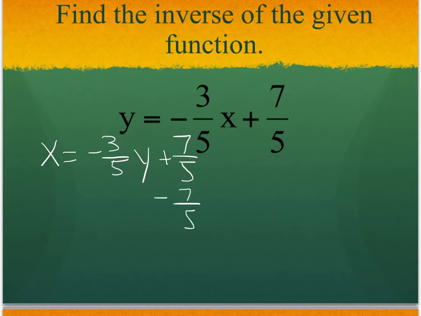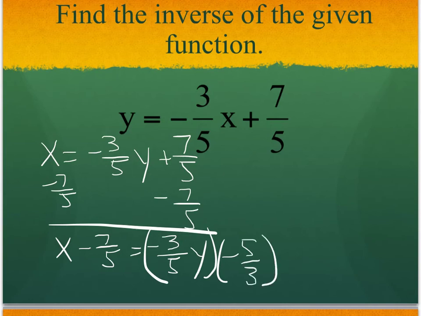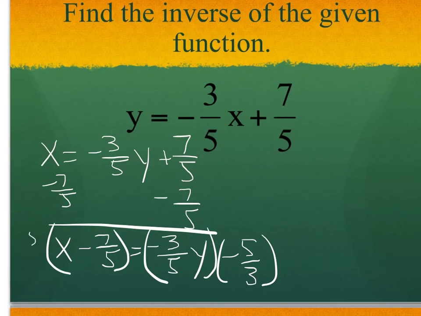So subtract 7/5. And you end up with x minus 7/5 equals negative 3/5 y. And just like the last problem, we're going to multiply times the reciprocal. 5 over 3. Notice that it's still negative, so it's not changing the sign. We're just flipping it upside down.